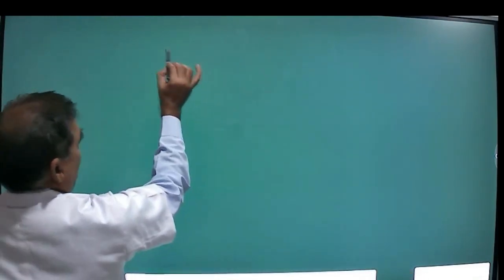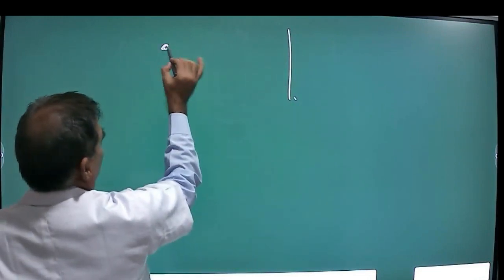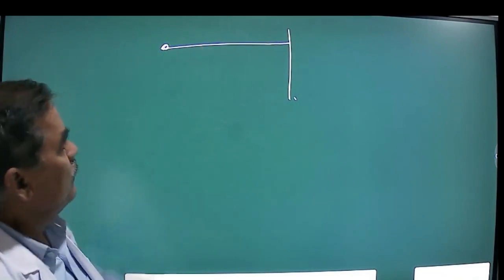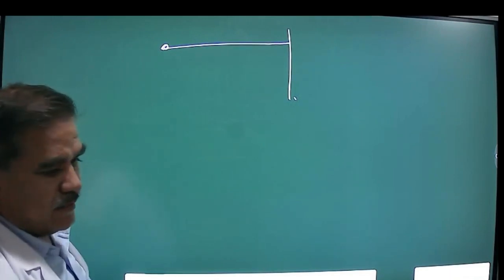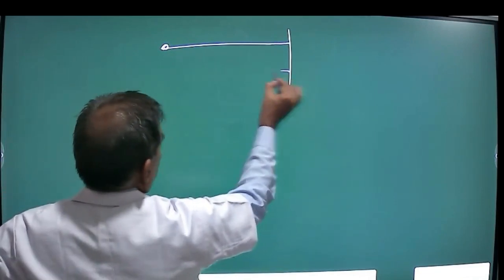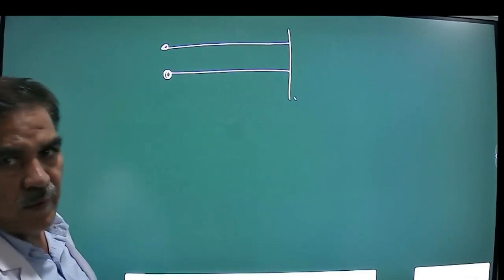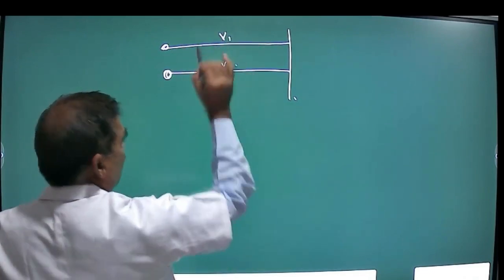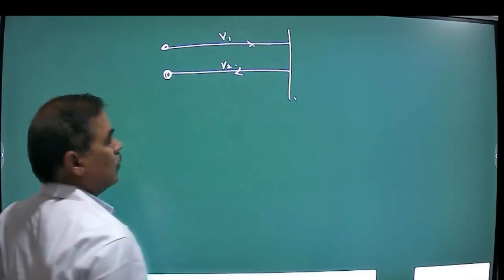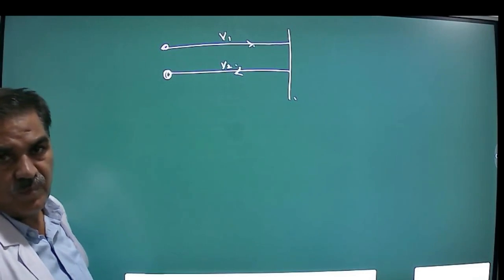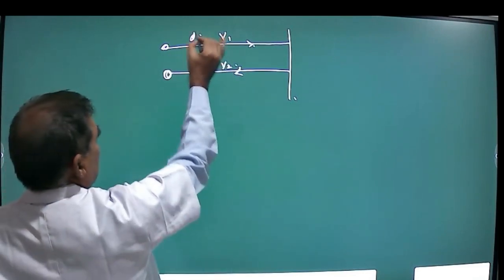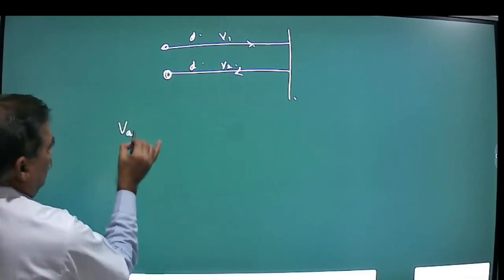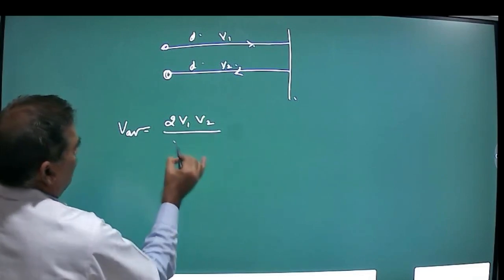Suppose you throw a ball and it strikes a wall, and after striking it comes back to you. If it went with velocity V1 while going and came back with velocity V2 while returning, then what will be its average speed? In this case, you see this distance is d, this is also distance d. So distance is the same in both cases, so you use that formula V equals 2V1V2 divided by V1 plus V2.